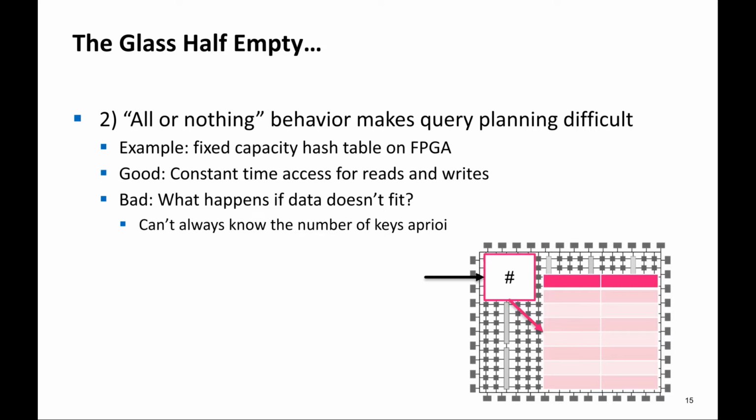The same applies for some GPU research, where it's very common that things work well as long as data sizes or active data sets fit in one or other part of the memory or exhibit some level of parallelism. But if that doesn't happen, then things fall off a cliff.